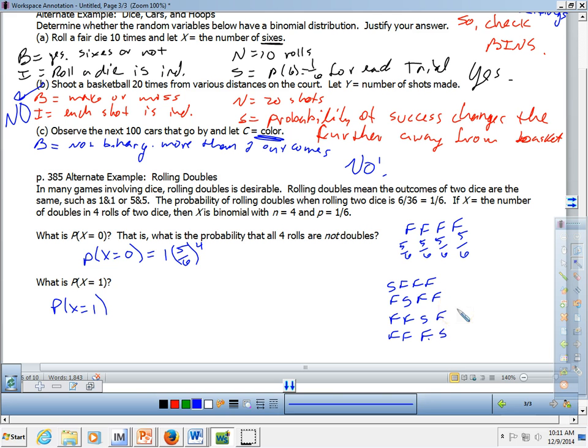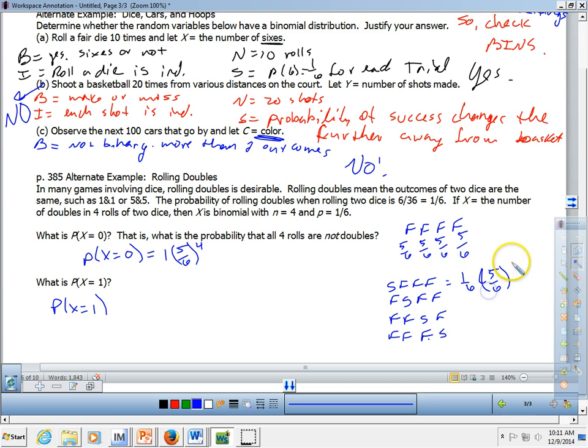Okay? So there are 4 different ways this is going to happen. Is the probability going to be different for any of these 4? Well, how would you find it here? There's a 1 in 6 chance of getting a double, so my first roll is a 1 in 6 chance of me getting a success. And then my next 3 would have to be failures, and the failure rate is 5 in 6.